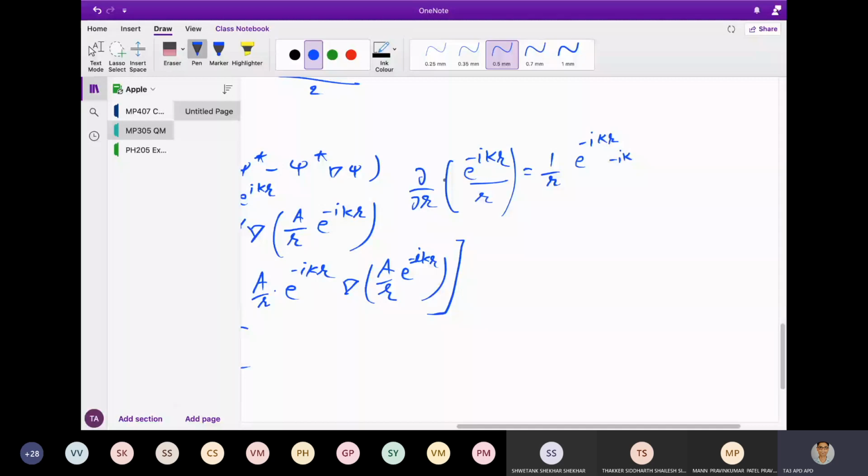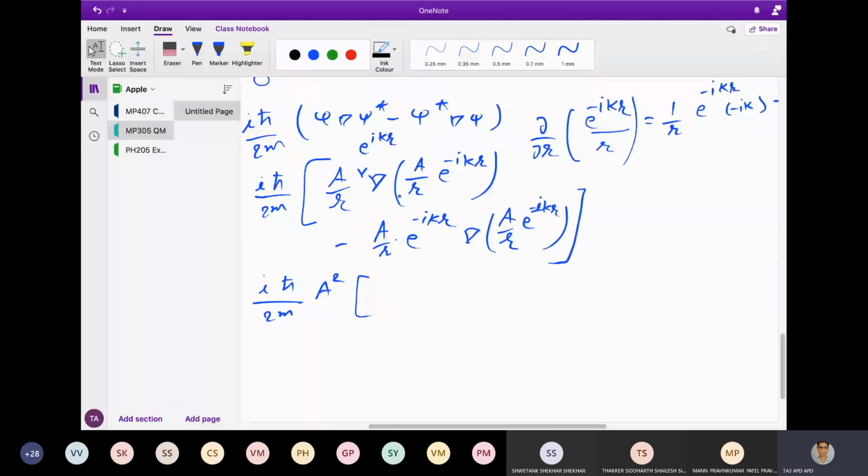And then I will keep e to the power minus ikr constant, differentiation of 1 upon r, which is minus 1 over r square. Okay, and then you have to just simplify this thing. इसको simplify करके you have to substitute in this one. Similarly यहाँ पे भी होगा.